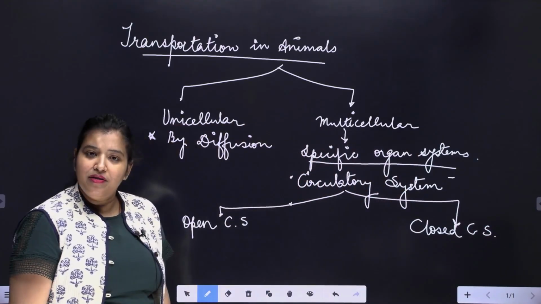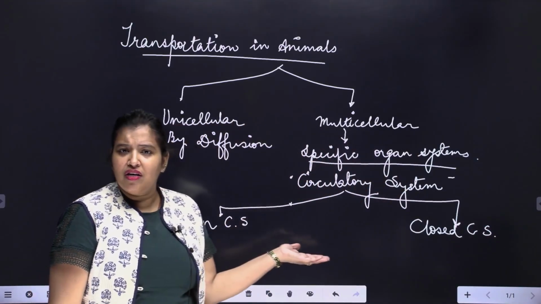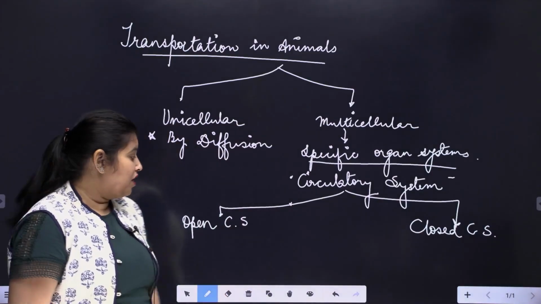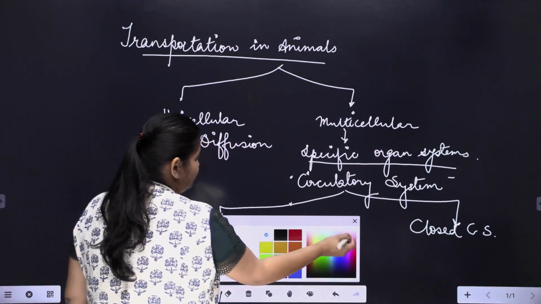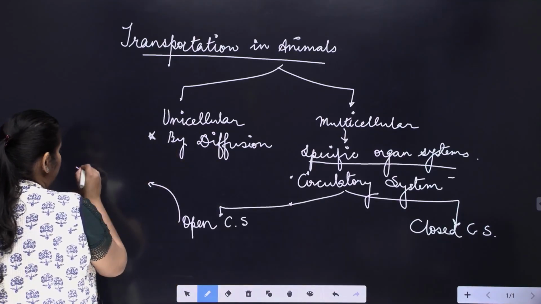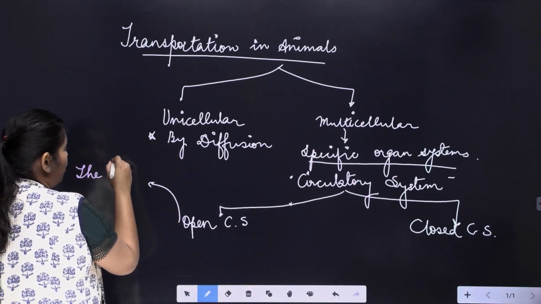What do you mean by open circulatory system and what is closed circulatory system? Open circulatory system means when the blood or the body fluid flows in the body cavity.